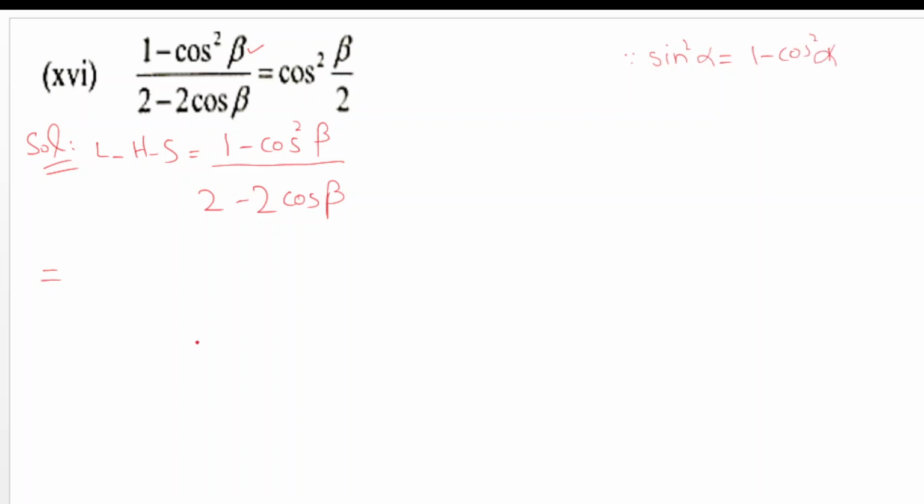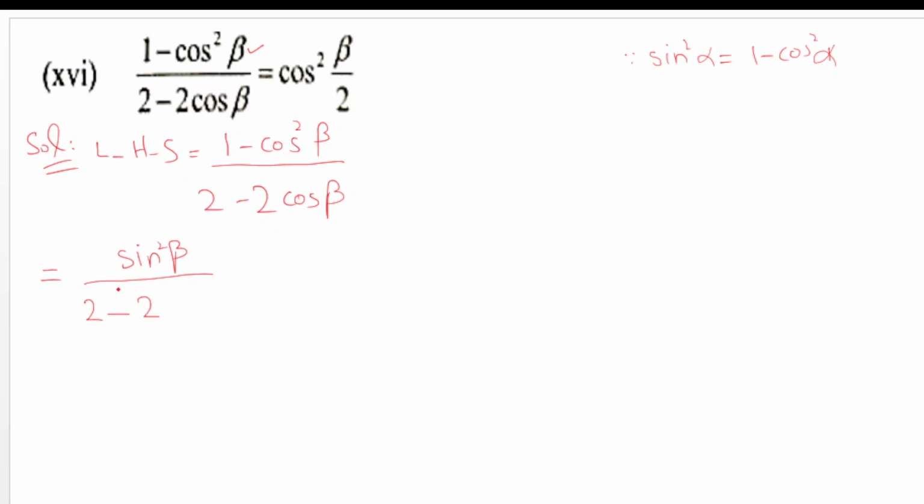Okay, like this. So for the first, I will apply the simple formula sine square beta, and at down you can just apply here. Let me take this 2 common outside, or no need here too, and then cos beta.